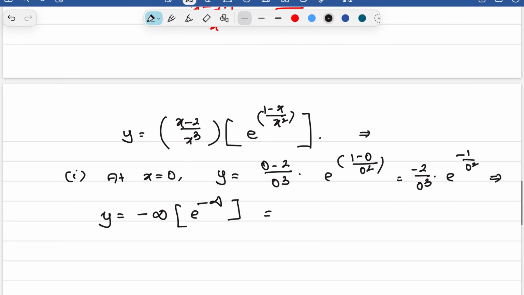This is undefined. That means at x is equal to 0, y value is undefined.